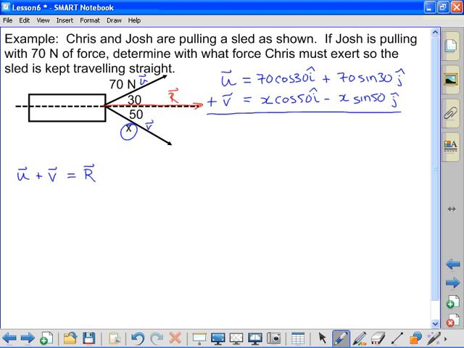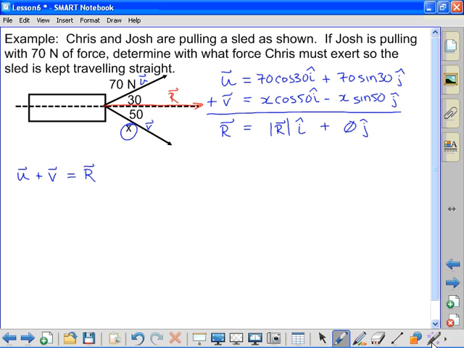When I add those vectors together, I get a resultant, and my resultant vector is along the x-axis. I don't know the magnitude of the resultant vector. It's all on the x-axis though, so it's the magnitude of my resultant in the i, and there's no j component.